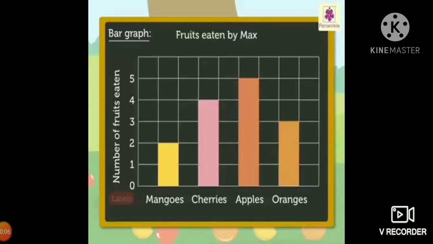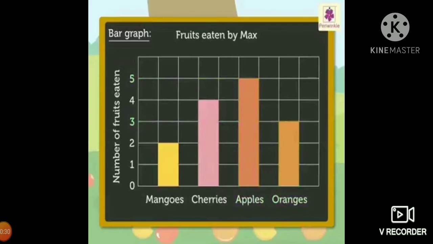Here are mangoes, cherries, apples and oranges, the fruits eaten by Max. How many mangoes were eaten by Max? The number of fruits is taken along the y-axis, and the names of fruits are taken along the x-axis.